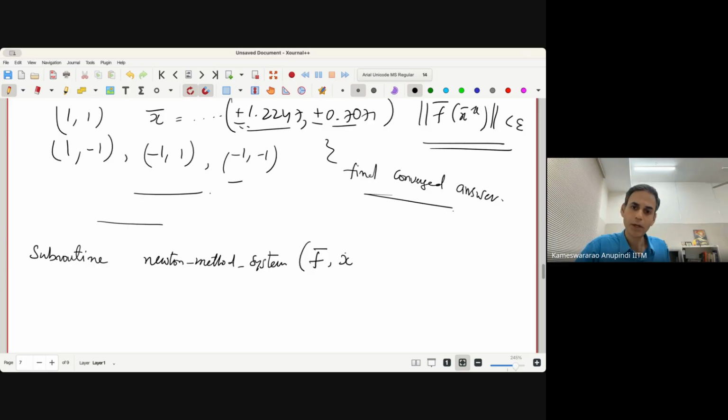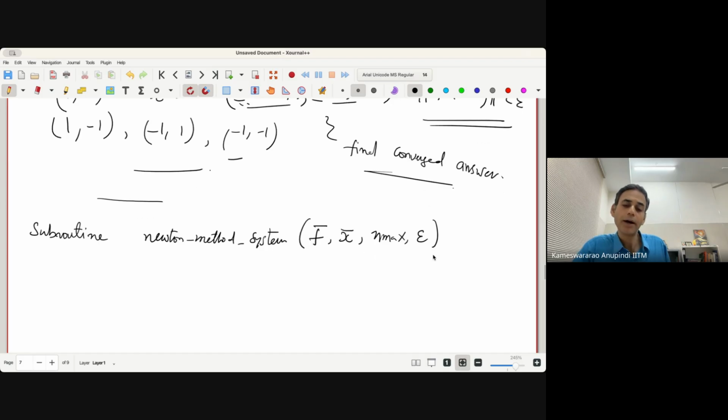We're going to give an initial guess, that is x bar. We are also going to give the number of iterations n max, and the tolerance. So just like before, instead of giving f comma x, now we are giving f bar comma x bar. When we say f bar, we are giving the functional form, somehow x square plus y square or something like that.